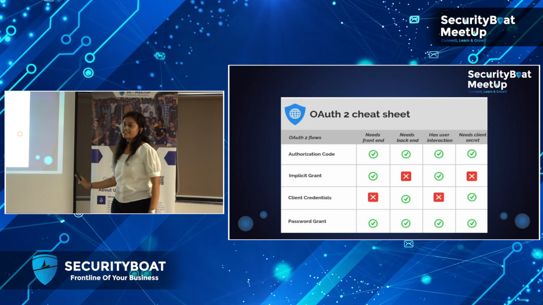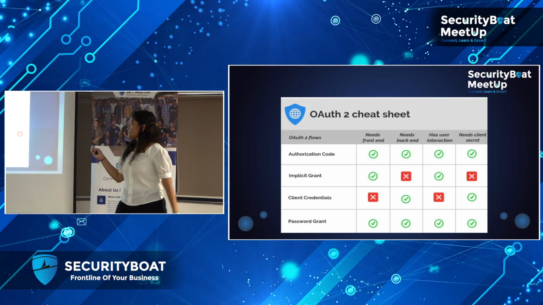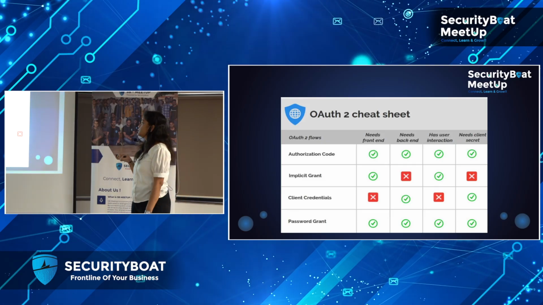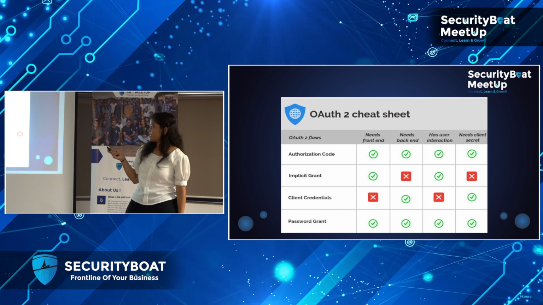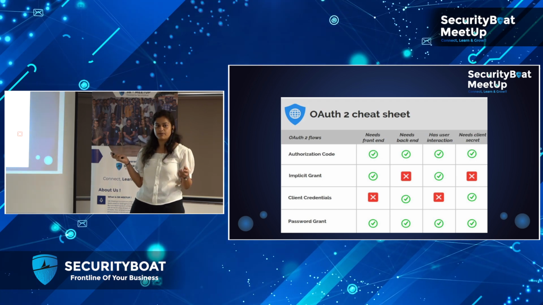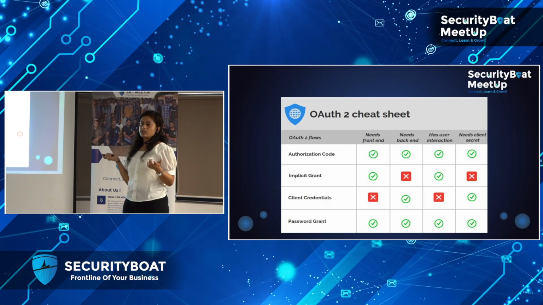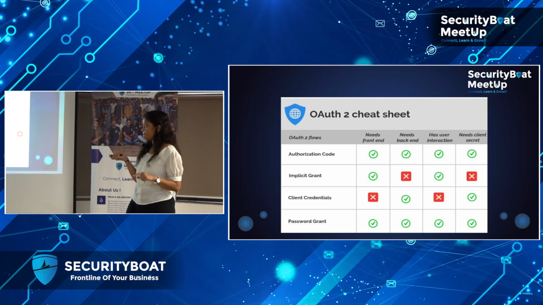So this is the summary of what we discussed till now. Authorization code requires front end and back end, user interaction is also needed, and it can store the client secret. Whereas implicit grant doesn't need a back end, its communication is in a single page application, so it needs only the front end, and it doesn't store the secret, as I mentioned in the downsides of the implicit grant.